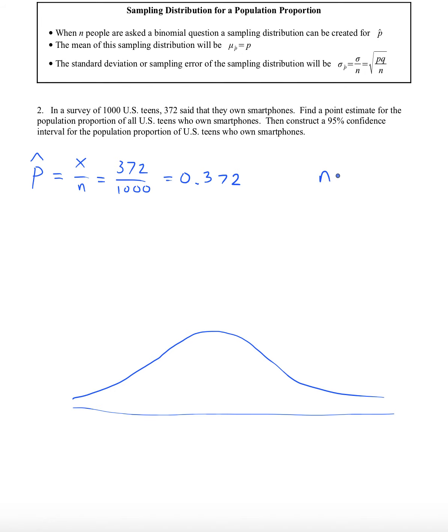So n times p hat will be 1,000 times 0.372. That's going to be 372, definitely bigger than 5.